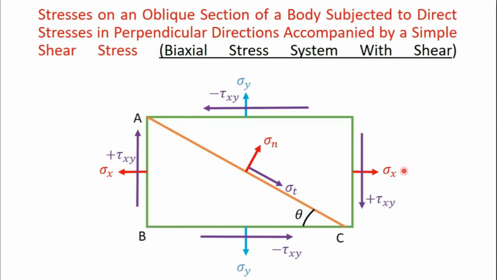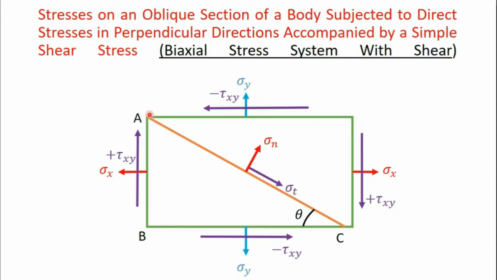On this element sigma x and sigma y are acting, and these two stresses are positive and tensile, away from the body, and on all the faces of this element shear stress is acting, depending upon whether it is clockwise or anti-clockwise. Clockwise is taken to be positive, as we have already discussed in part A of this lecture, and there is minus tau xy which is anti-clockwise.